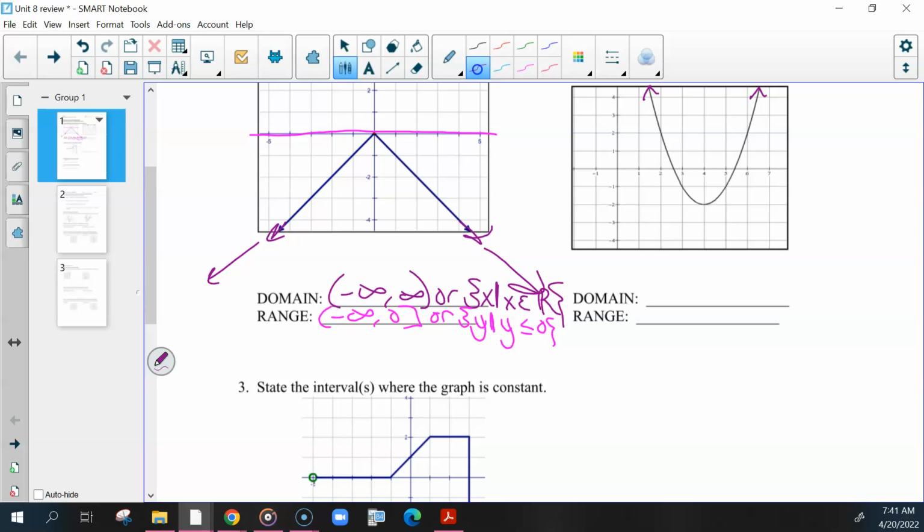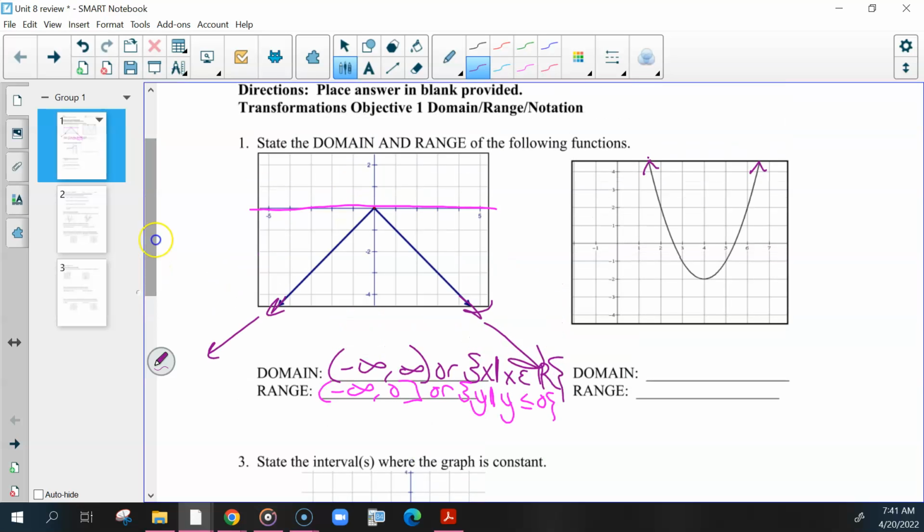For quadratics and absolute value, that is always the case. They keep going. Does that work? Yes. So maybe for this one, it's kind of like this. It keeps going out and up off the graph.